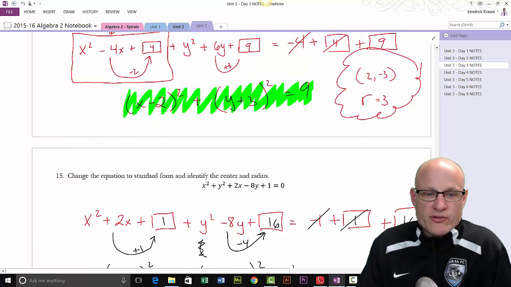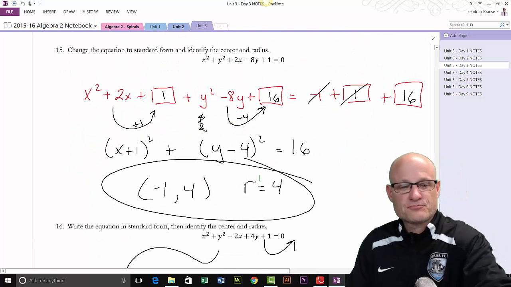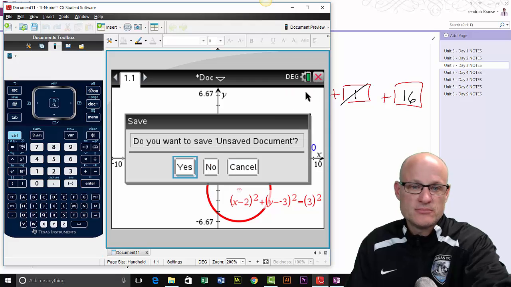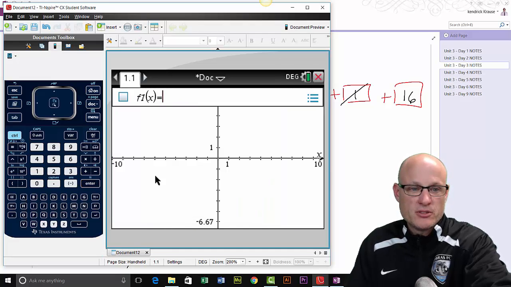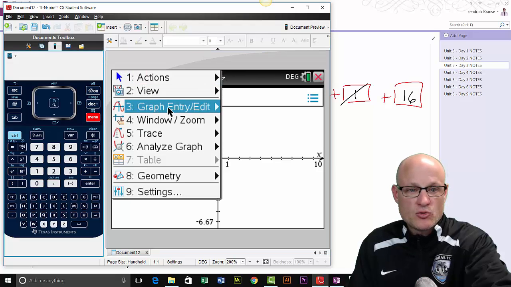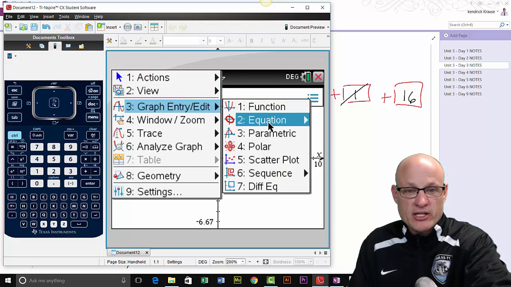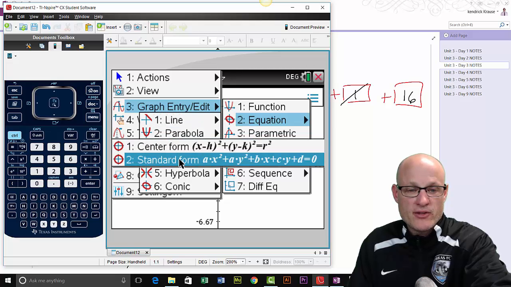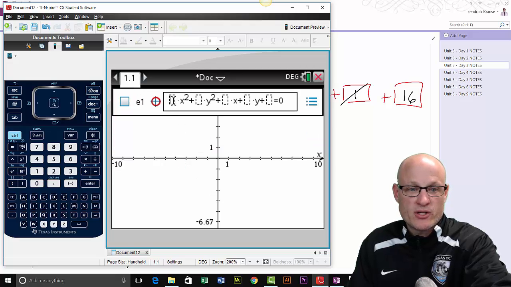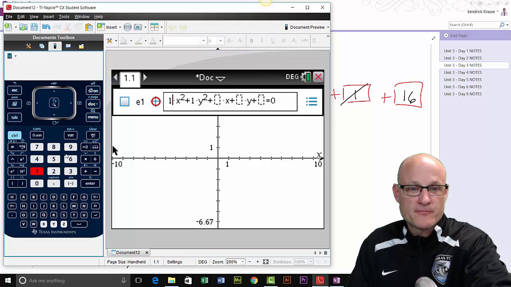So let's go, and we're going to do the same thing here. We're going to try this one. So let's close out. Don't save. So we go into graph mode. We go to menu, graph entry, equation, circle, and we're going to do this weird form first. So what's the number in front of A? These are ones.